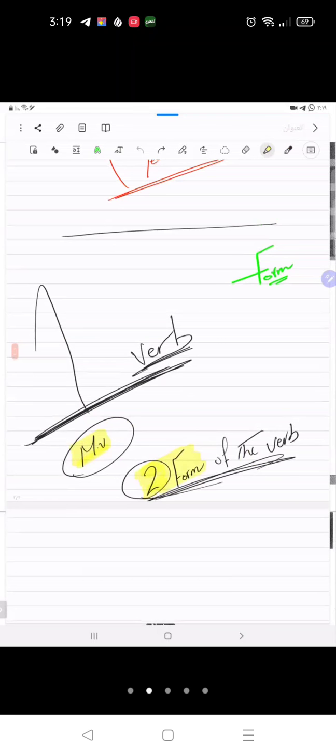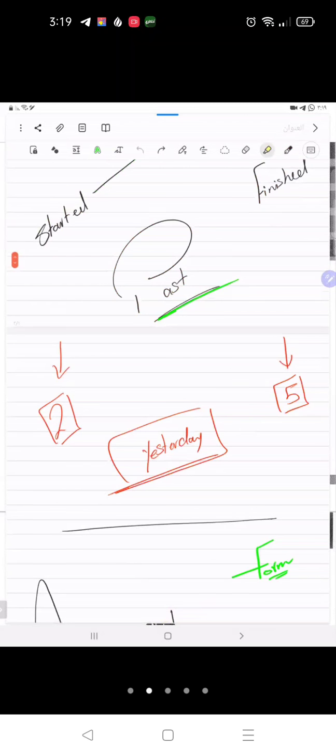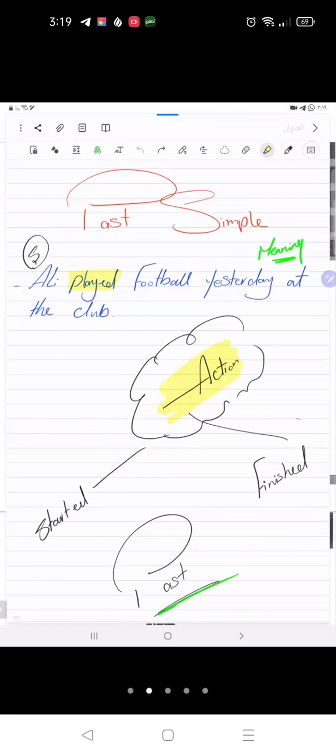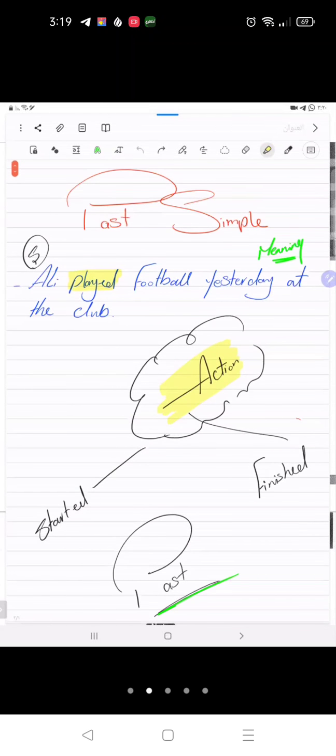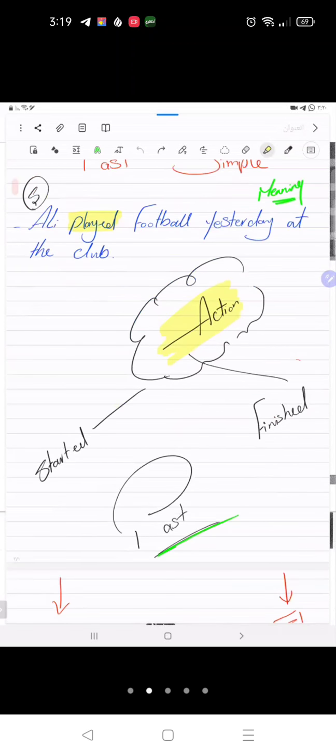Look at the sentence again. Ali played football yesterday at the club. Is it positive or negative? Positive. Excellent. Okay, so if I'm asking you to put this sentence in the negative form, Ali didn't play football yesterday at the club, excellent.